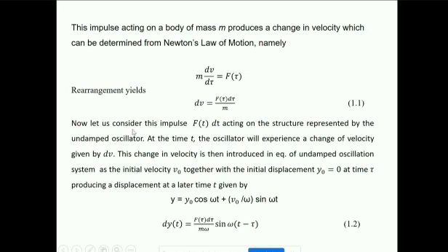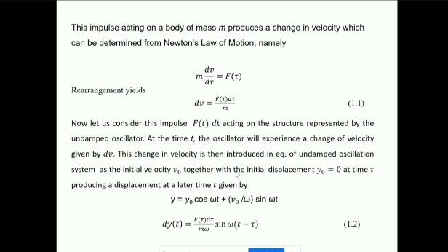So if we consider an impulse f(tau) d tau acting on the structure represented by the undamped oscillator, then at the time tau, the oscillator will experience a change of velocity given by dv. This change in velocity is then introduced in the equation of undamped oscillation.